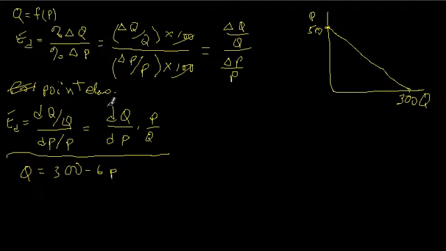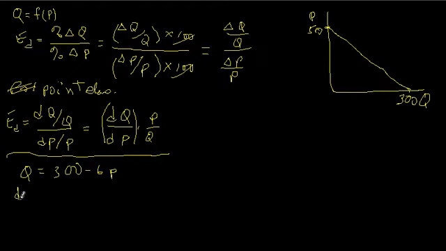Well, we recognize this as the derivative of the demand curve based on Q. And once we find that derivative, we just have to multiply that times the ratio of P to Q, and we'll have a formula for the elasticity of demand.